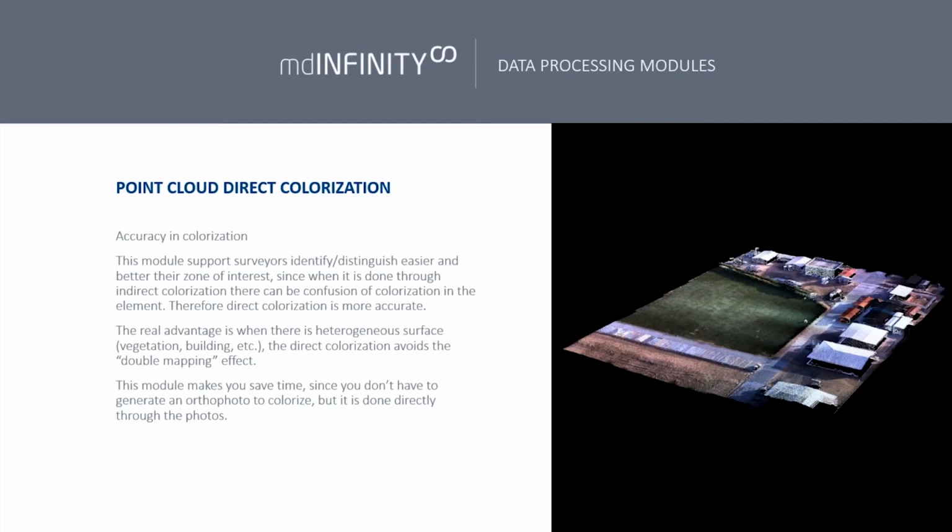The real advantage is when there is a heterogeneous surface, such as buildings or tall vegetation and so on. Direct colorization avoids this double mapping effect that sometimes can get into our data. In general, this module makes you save time, since you don't have to generate a full orthophoto to colorize, but it's done directly through the images.